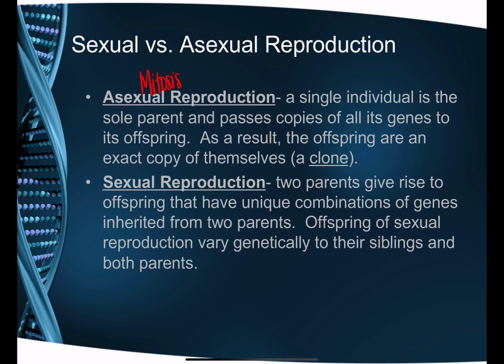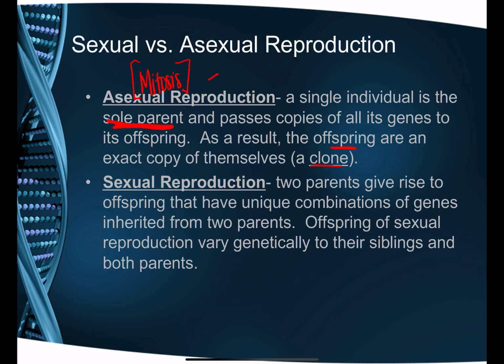Some organisms do asexual reproduction, and they do a process very similar to mitosis to reproduce themselves. It produces a clone, an offspring with one parent. A single individual is the sole parent and passes copies of all of its genes to its offspring. The offspring are an exact copy of the parent, called a clone.